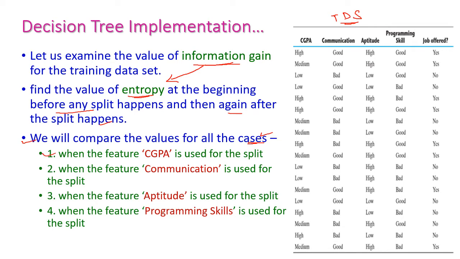The first one is the first feature, we take CGPA. CGPA is our first case, and then communication, aptitude, programming skill. So we need to consider all the attributes and these should be compared with job offered. Which one is giving very high information gain? We need to take that particular attribute for splitting our data set.